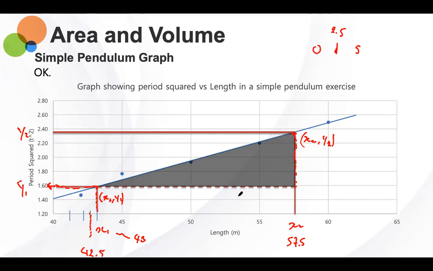So we'd have 57.5 between here. For this particular one, it is not exactly on 42.5. It is a little bit above it, right? So in the middle of 40 and 45, what do we have? Morgan, what do we have between 40 and 45?